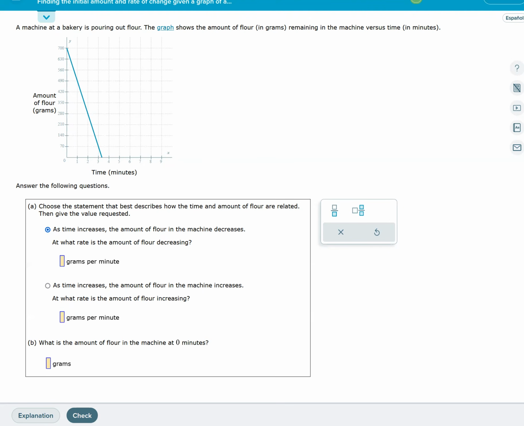And they're asking how many grams per minute. So I suggest looking at the labels. So we want the change in grams over the change in minutes. So it starts at 700. And at 1 minute, it's at 490.